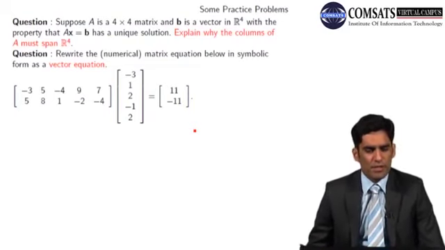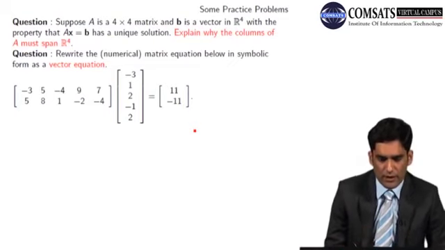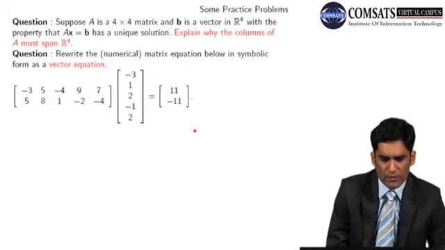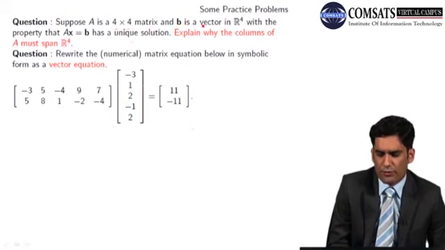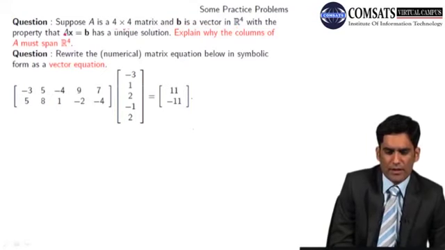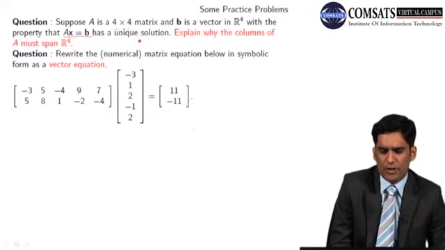These are simple problems. The first problem: suppose A is a 4 by 4 matrix, and B is a vector in R4 with the property that AX equals B has a unique solution.